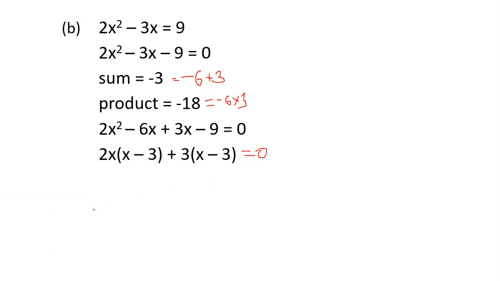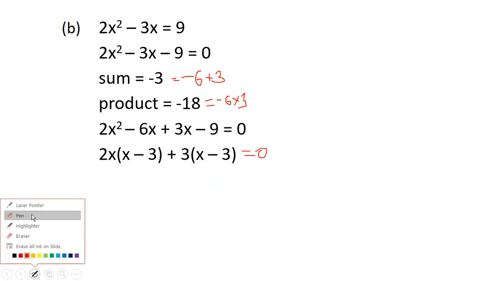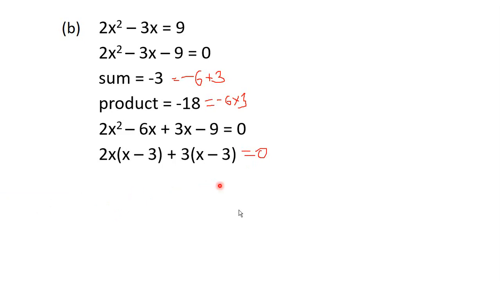Equating it to 0, we are going to factorize again. We have x minus 3 common, so x minus 3 into 2x plus 3, or you can say 2x plus 3 into x minus 3, and that is equal to 0.